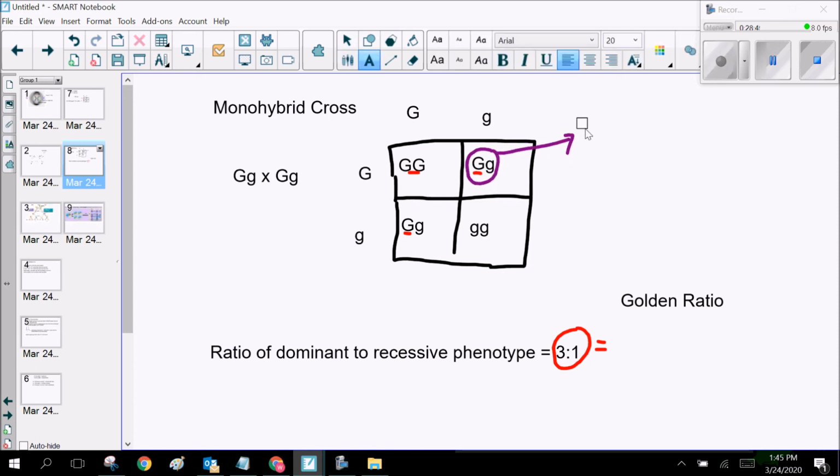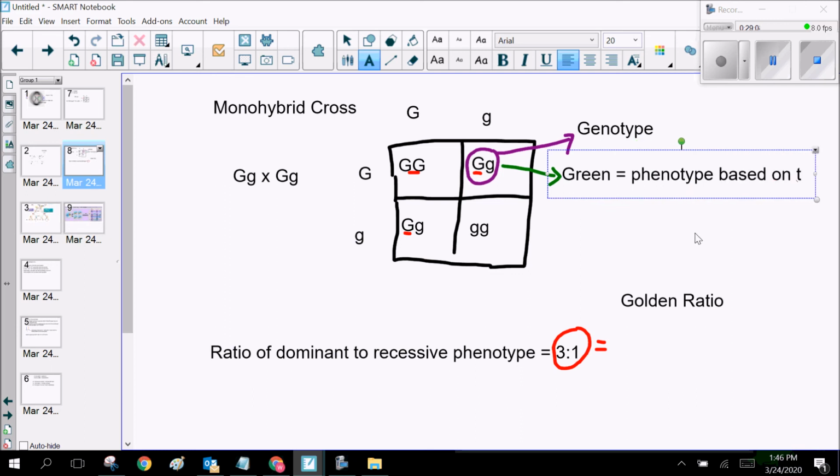The phenotype of this individual, what they would look like based on those letters, would in this case be green, because it is based on their genotype. So phenotype is what you look like, genotype are the letters that you receive.